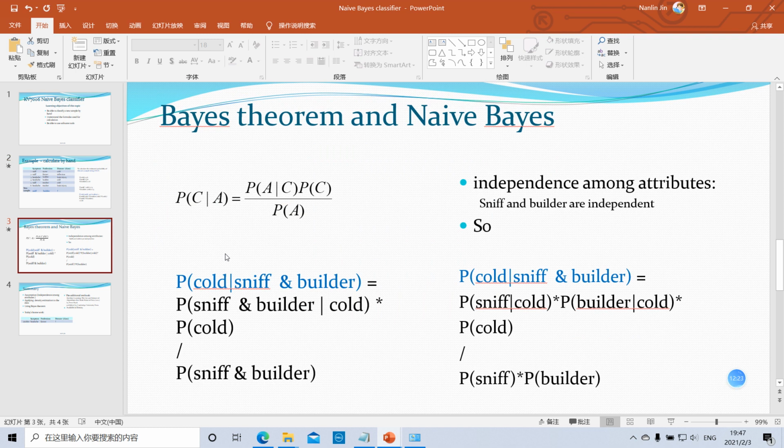What this tells us is, let me explain. C is the condition, and A is an event or new record, something with features we have data for. C is something we need to calculate, given this situation, given the features of, for example, sniff or builder.